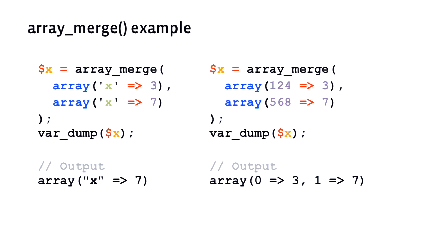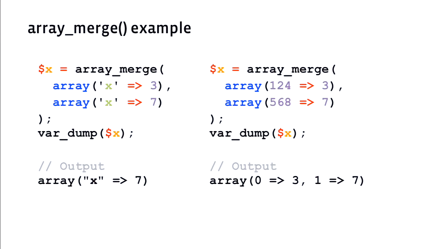Array merge is the poster child of this issue. So I show an example with array merge. We're doing two arrays on the left with string keys, and then two arrays on the right with integer keys. Array merge tries to tell whether you're passing it a vector-like array or a map-like array and do what you wanted. It does that by looking at whether it's a string key or an integer key. So, fun trivia: if you have string keys, they get preserved and the right-hand side wins if there are conflicts.